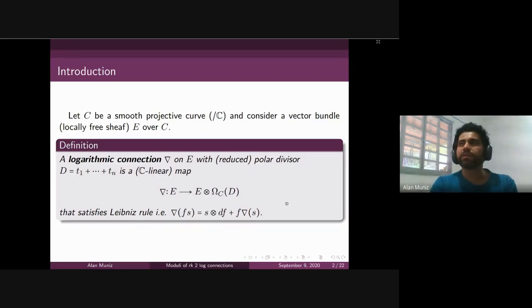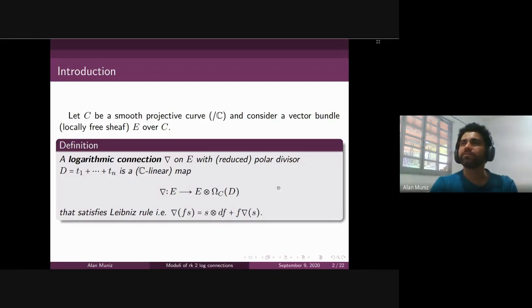Then we define a logarithmic connection by a C-linear map that takes a section of E and gives you a differential form with values in E. But this differential form, as the logarithmic name says, has some poles, but they are all simple.